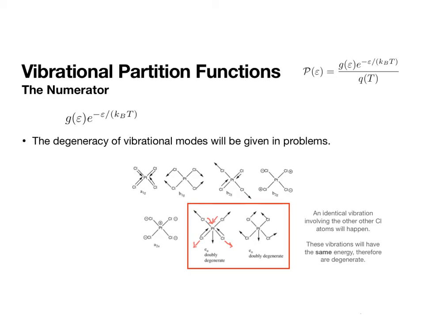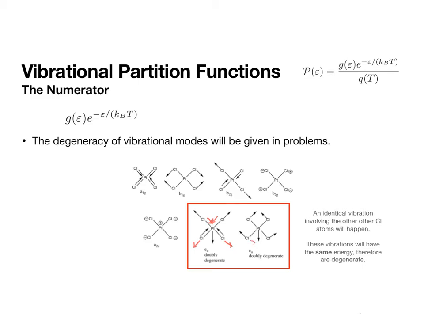Those two modes are different because they involve different atoms, but they're going to have the same energy because the atoms involved, in what's called the symmetry of things, are identical.